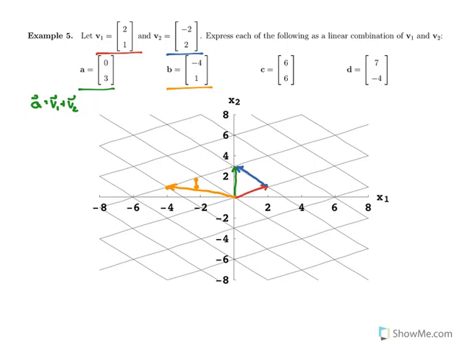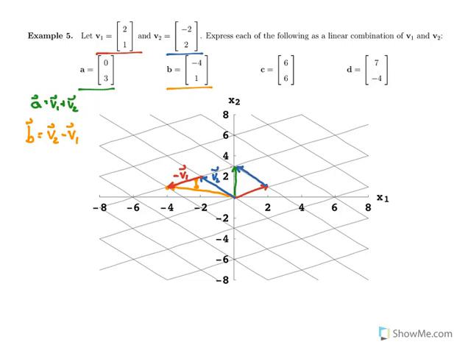B is going to be the linear combination of, we can get there from doing a V2 vector, and we could do this vector right here, which is negative V1. So we have a V2 plus a negative V1 gets me to B. So plus a negative is minus.